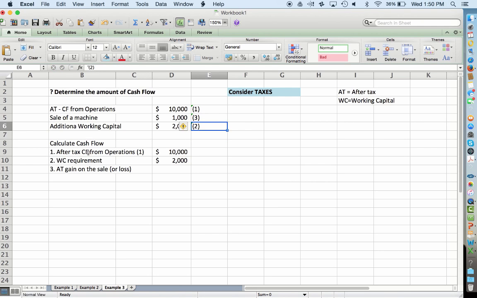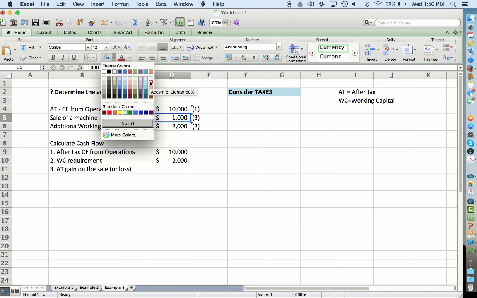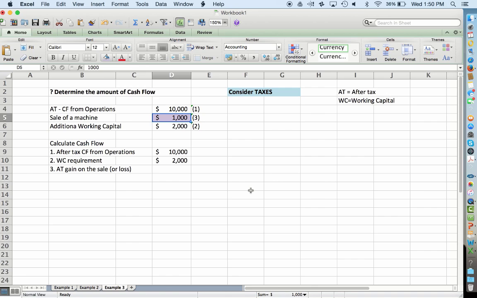Okay. So the one thing that is not put into the tax lingo is the sale of the machine. So what we need to do is figure out if we have to pay tax on that machine. So we have to assess the gain or loss on the machine. Okay? So we have this little kind of mini analysis that we have to do.